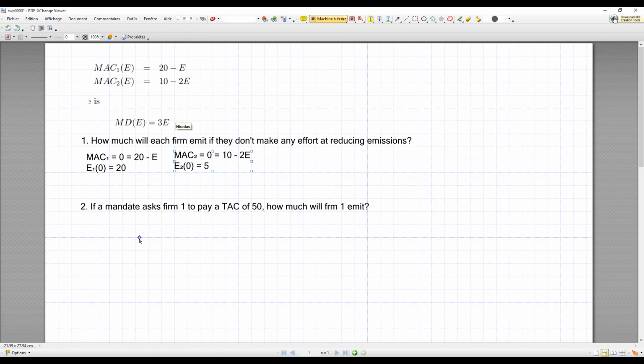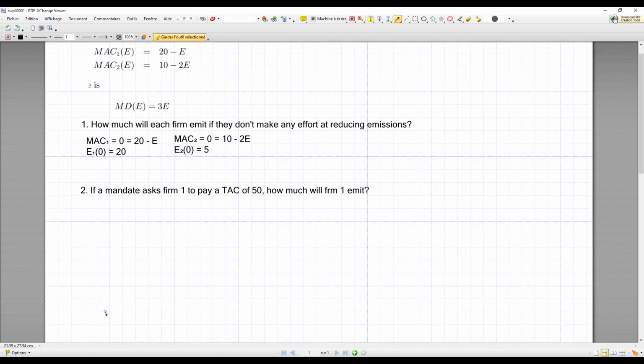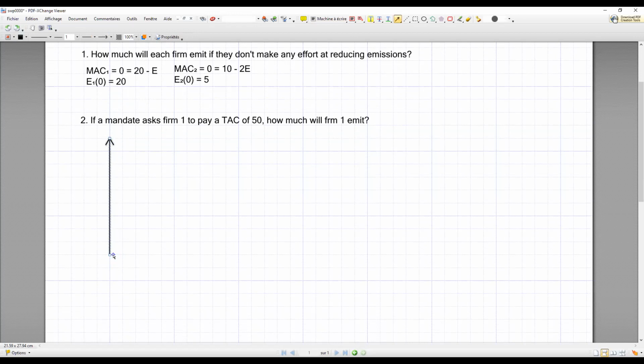So again, as I said before, a good thing is to draw stuff. It just helps you see what's going on. Okay, so here we need 20, then 10. And 20. Yeah, then this one is 10.